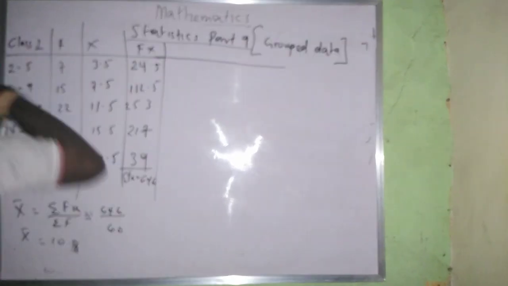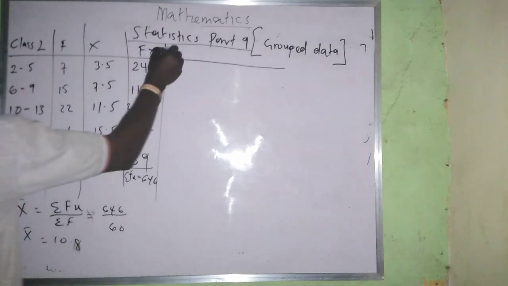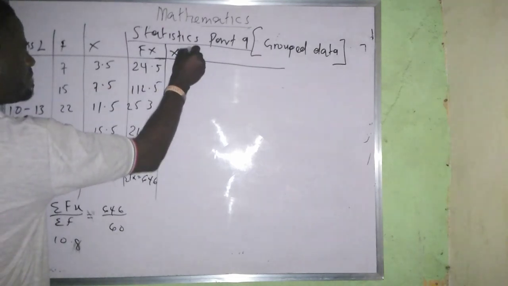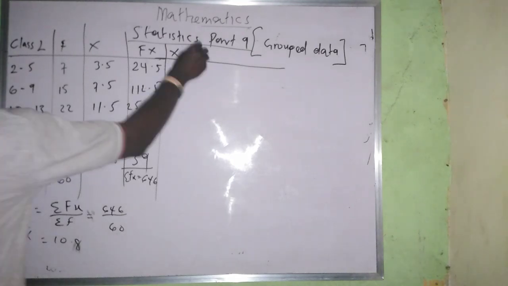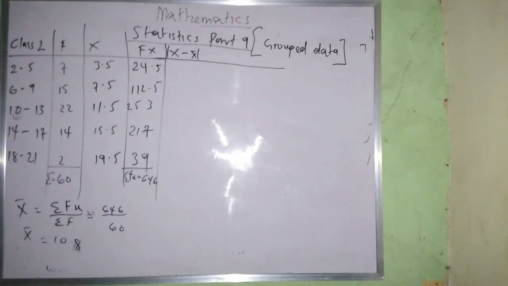Variance. How do I achieve my variance? The first one will be x minus x bar, which means 10.8 minus the first x, taken as an absolute value. The calculator will now be of help.